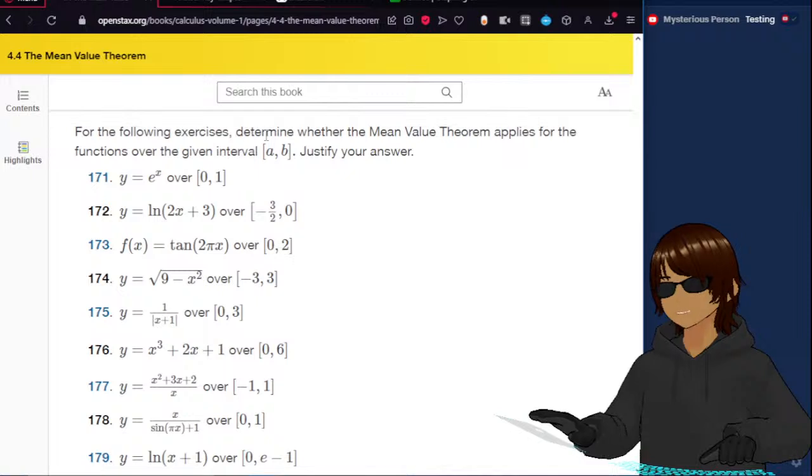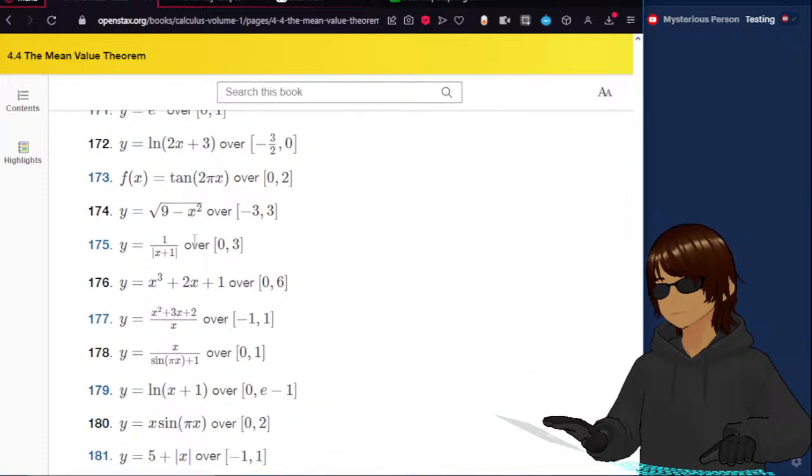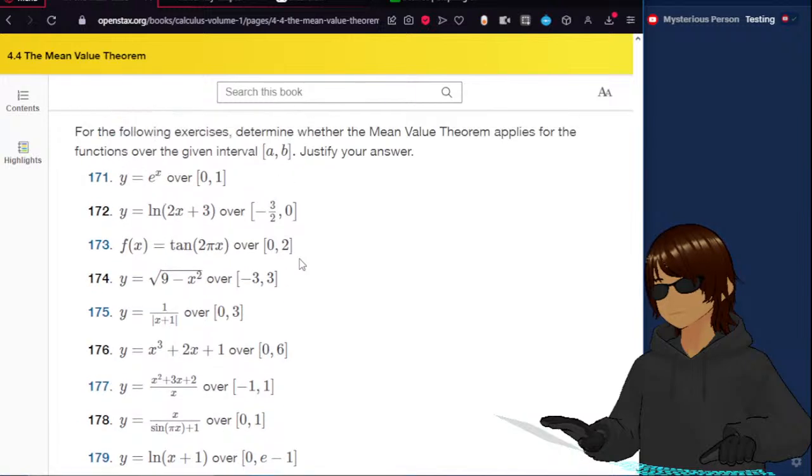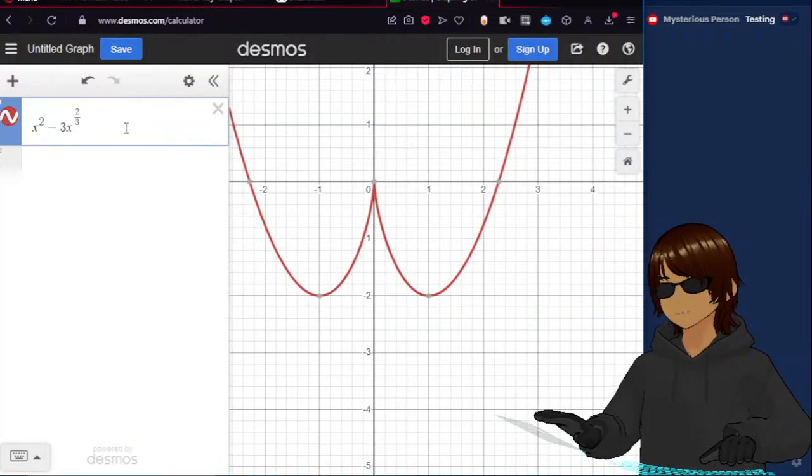For the following exercises, determine whether the mean value theorem applies for the function over the given interval. Justify your answer. Between 0 and 1, this is true because it's differentiable. Tan from 0 to 2, I guess. No, wait.